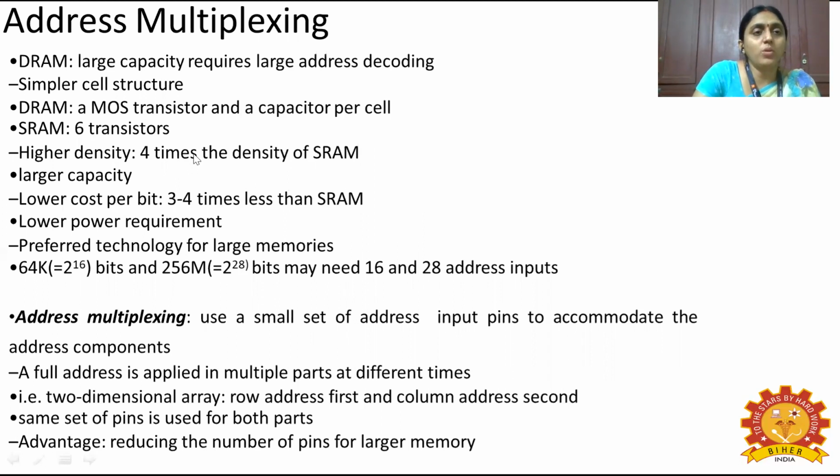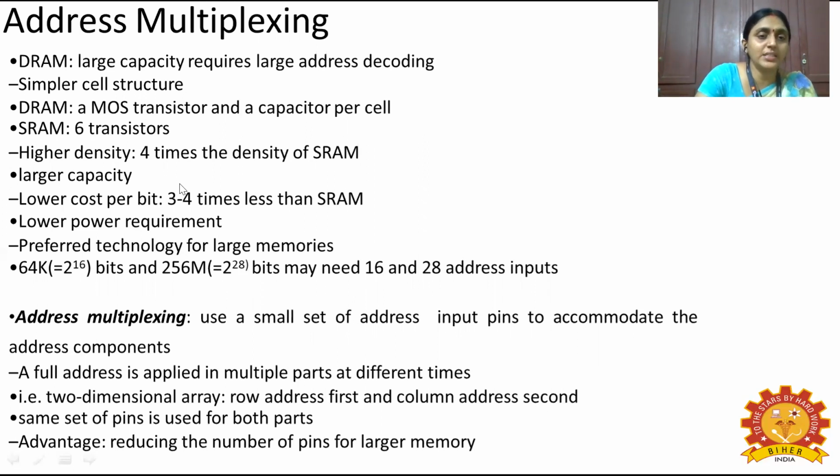And now we will see about address multiplexing. Here the DRAM involves a large capacity that requires large address decoding, and it holds a simpler cell structure. In DRAM, a MOS transistor and a capacitor per cell is used. Then we have the static RAM, where 6 transistors are used.